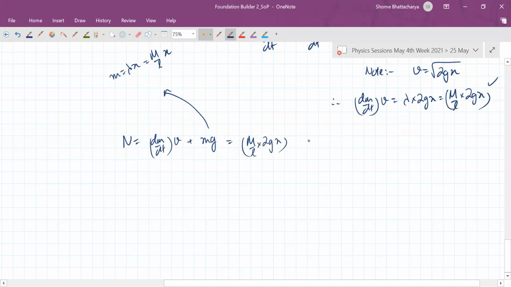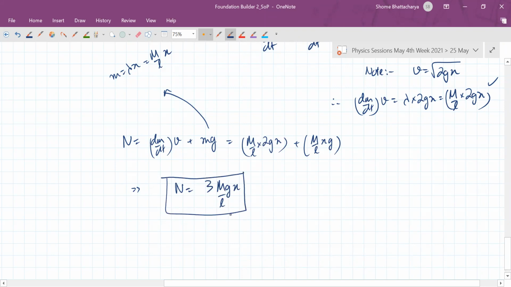And the second part, the weight of the portion on the ground, becomes lambda or m by L into x into g. So the total normal reaction you can see becomes 3 times mgx by L. So it is in fact 3 times the weight of the portion on the ground.